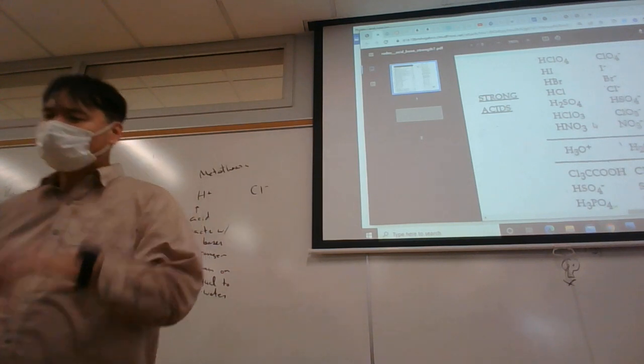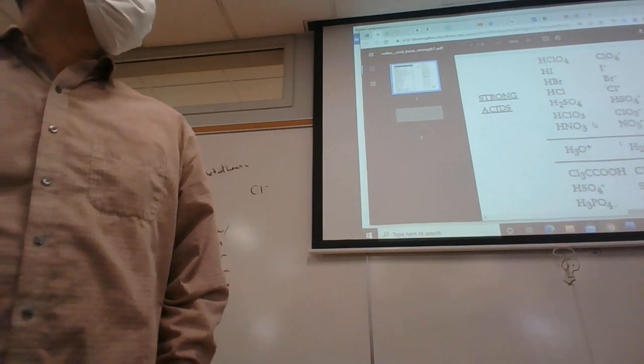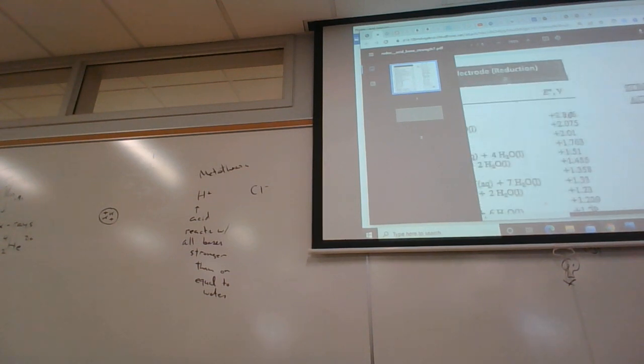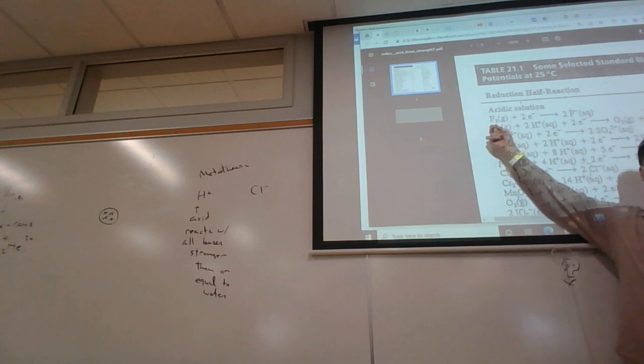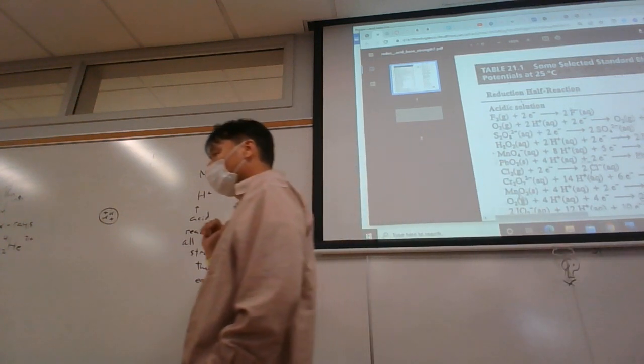And so, what is the most powerful oxidizer on the redox chart? Fluorine. Fluorine's the most electron-poor species on that redox chart.